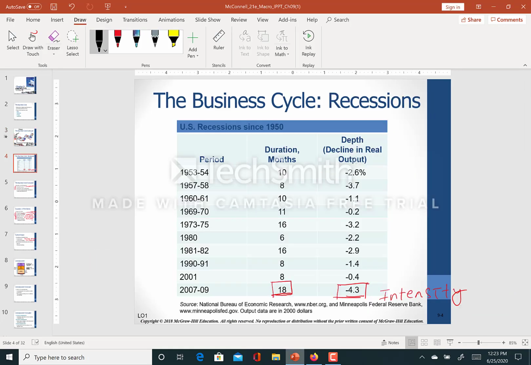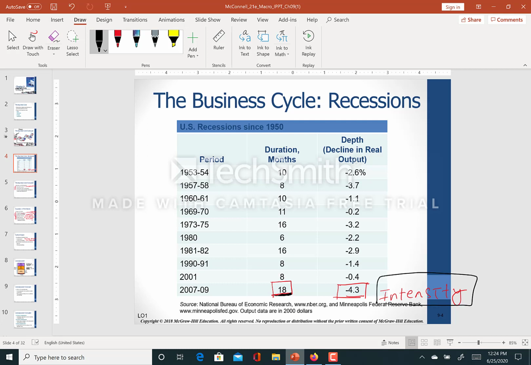Now, look at this economic history of the US. We have different periods of recession. Each had different duration, that means lasted for so many months. And each had different intensities.